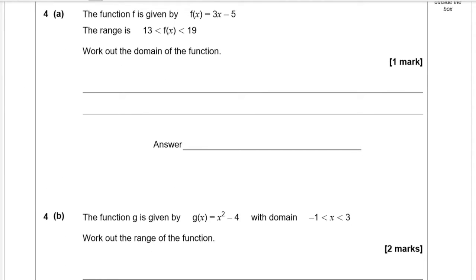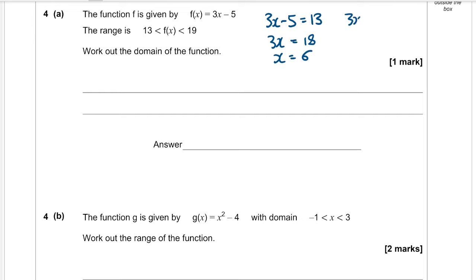Okay, we have a function and we have a particular range. Work out the domain of the function. Well, the range are all the outputs. So when the output is at its lowest, then 3x minus 5 is equal to 13. So therefore 3x is equal to 18, so x is equal to 6. So that gives us our lowest possible value.